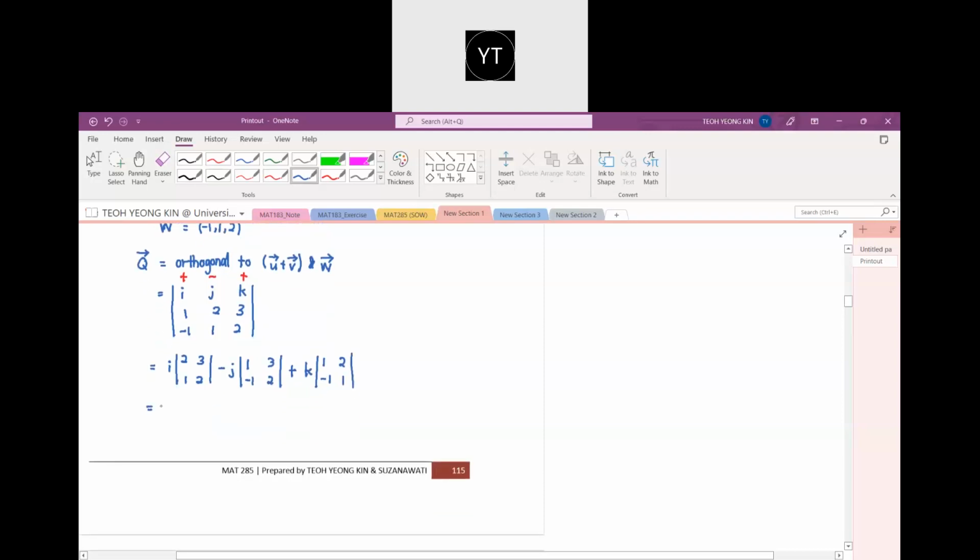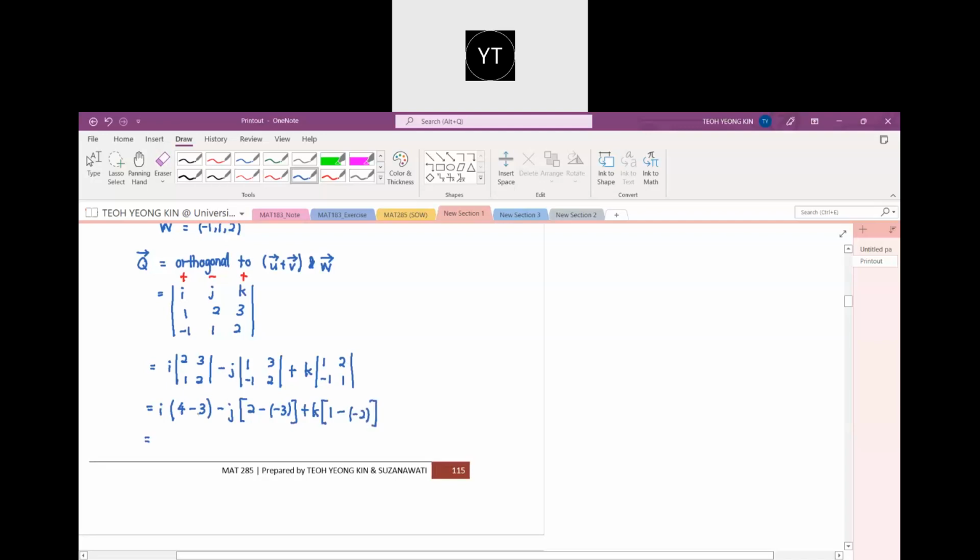So from here, 2 times 2 is 4, minus 3 times 1 is 3, minus j, 1 times 2 is 2, minus 3 times negative 1 is negative 3, plus k, 1 times 1 is 1, minus 2 times negative 1 is negative 2.